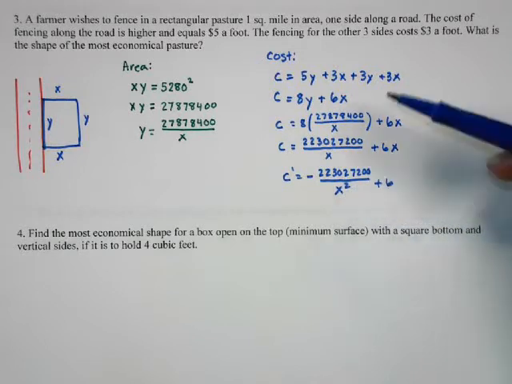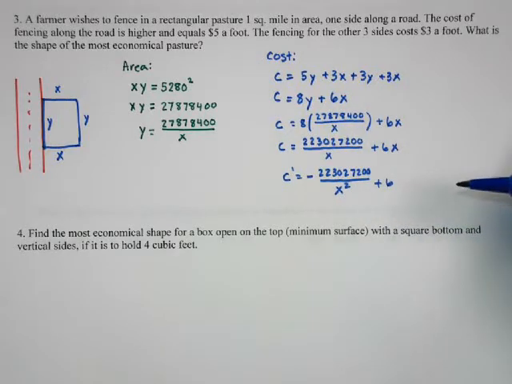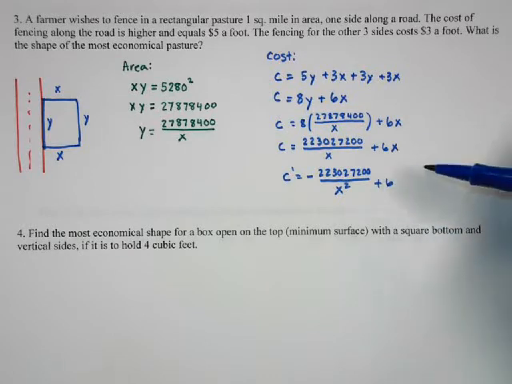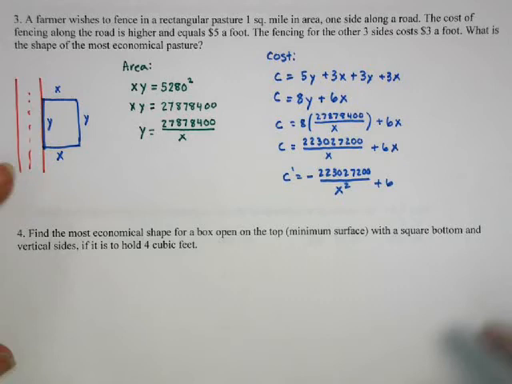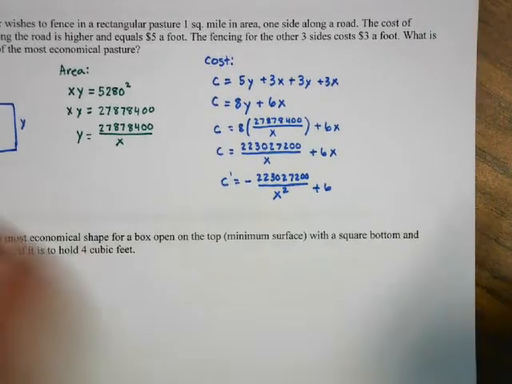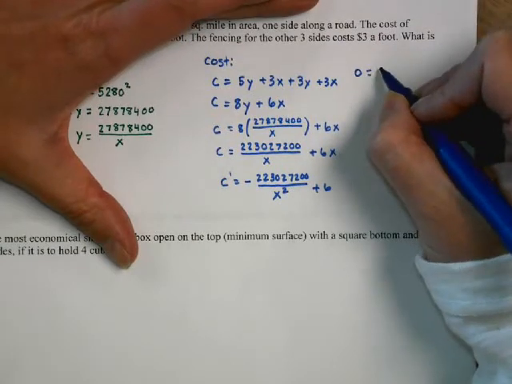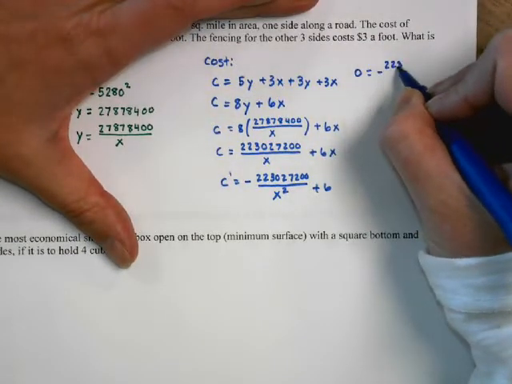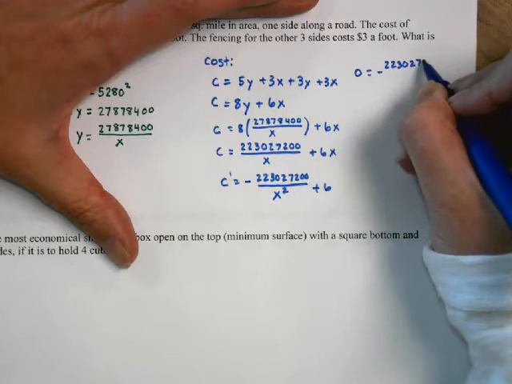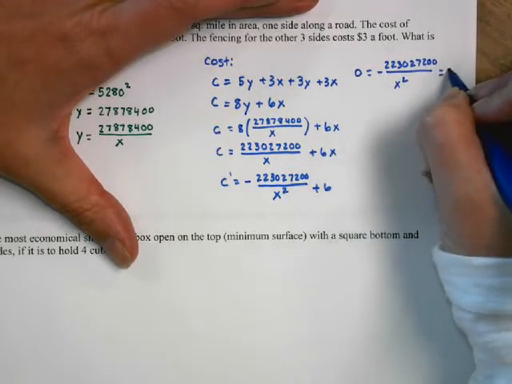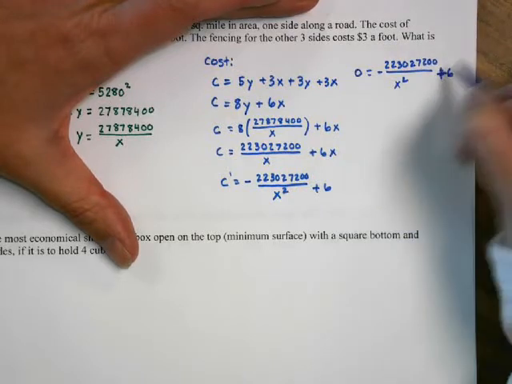So that would mean the second derivative is positive, which means the original is concave up. So this is going to create a minimum for us. We're going to do that by setting it equal to 0, plus 6.